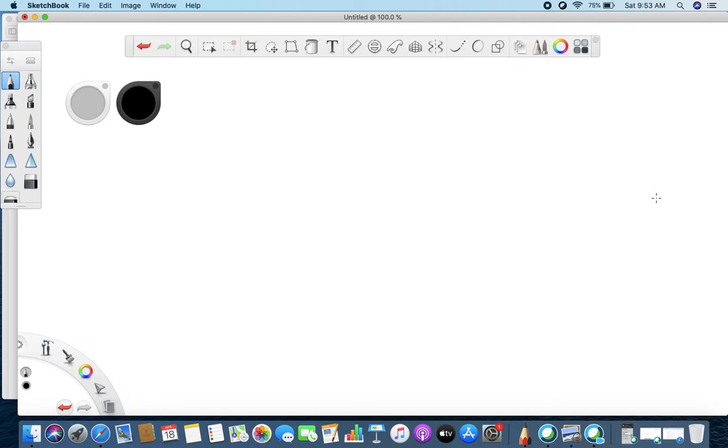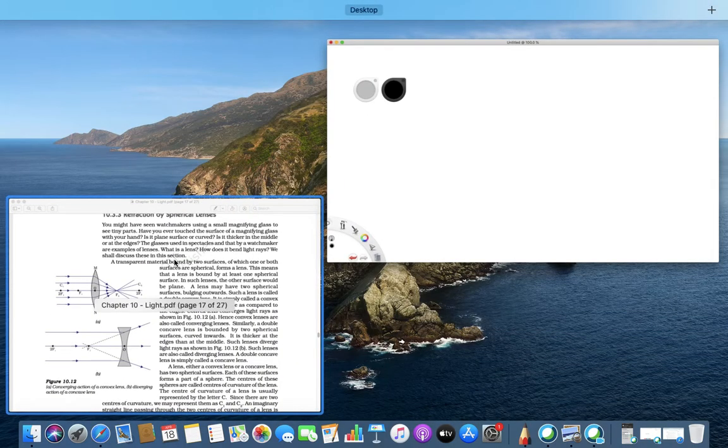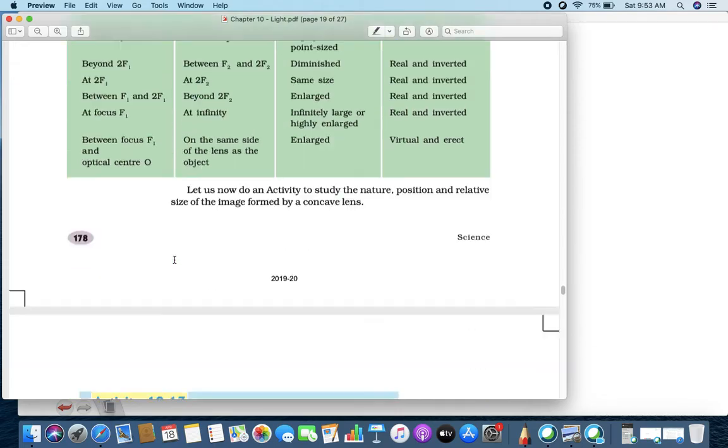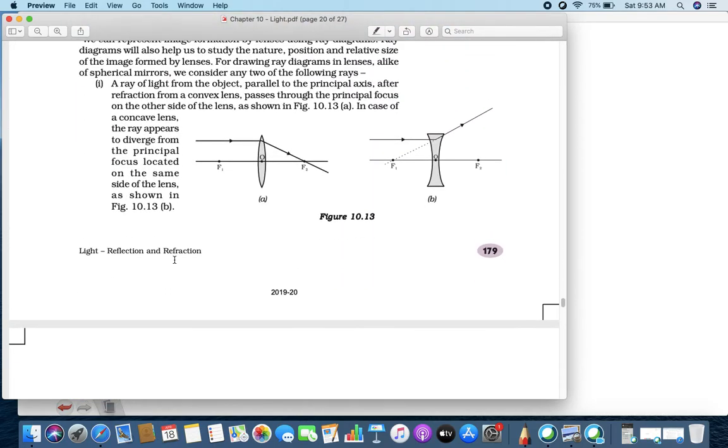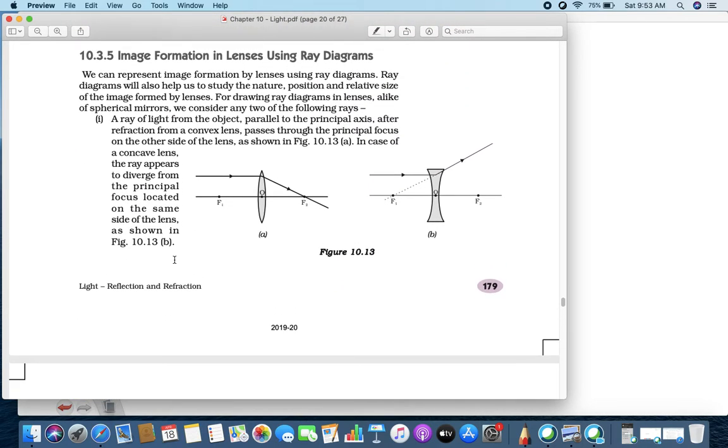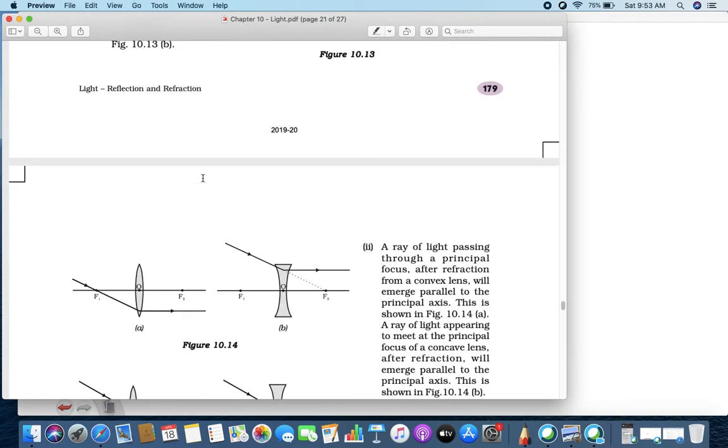Now I'll show you the rules. The same rules happen. What is our first rule? When a ray is parallel to the principal axis, after refraction, where does it pass? It passes through F. But if it is coming from the left side, after refraction, it passes through the other F. Similarly, what is the second rule?